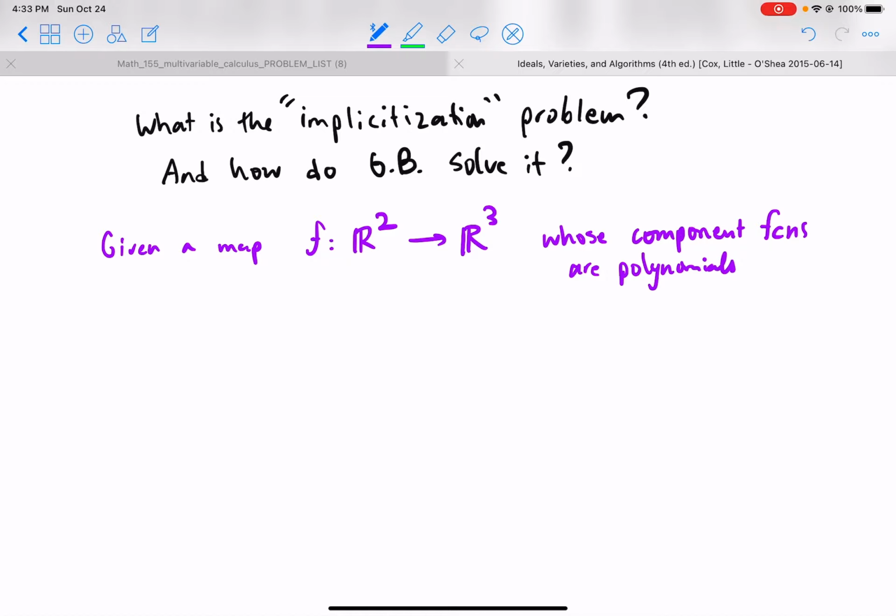In fact, or rational functions. That means a ratio of a polynomial divided by another polynomial. Like 1 minus t squared over 1 plus t squared is a rational function, etc.